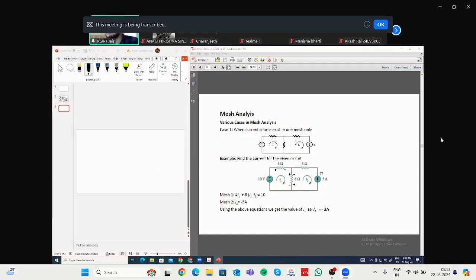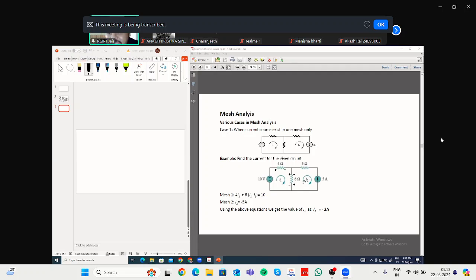A current source ensures that that much amount of current always flows through the circuit. So if it is a 5 ampere current source, it will ensure that 5 ampere current flows through this 6 ohm. At this junction, it can be added or subtracted, anything can happen. But at least you can say that through this 3 ohm resistance, current 5 amp will be flowing.